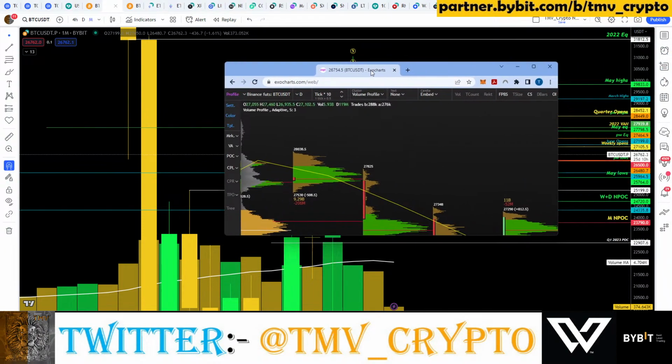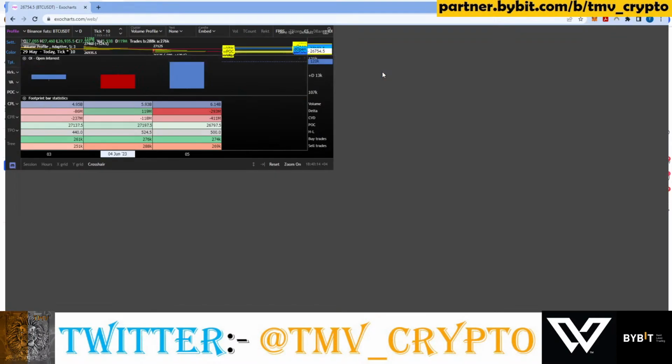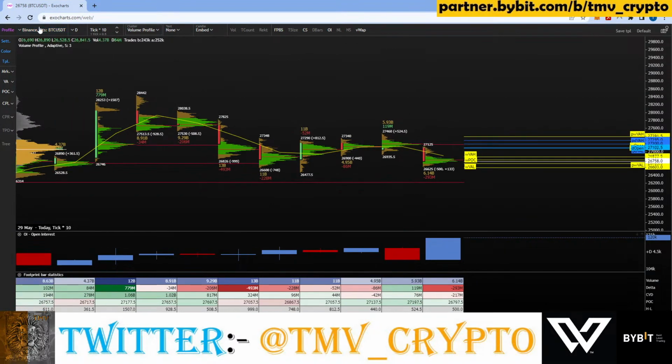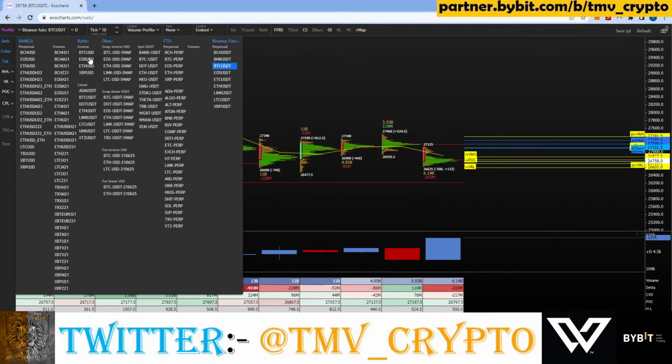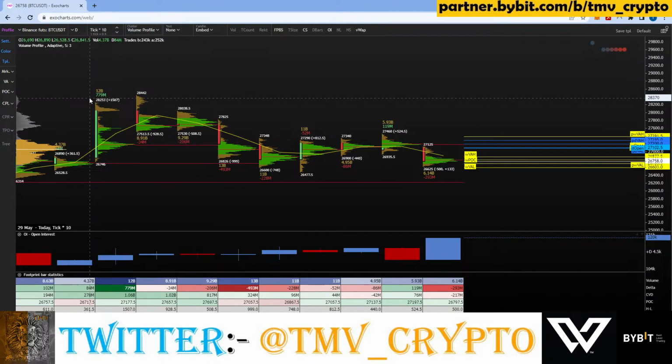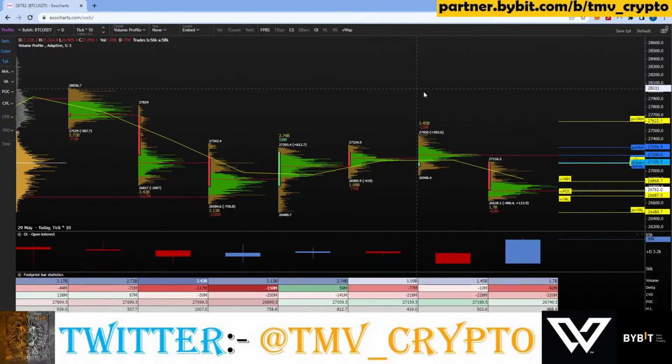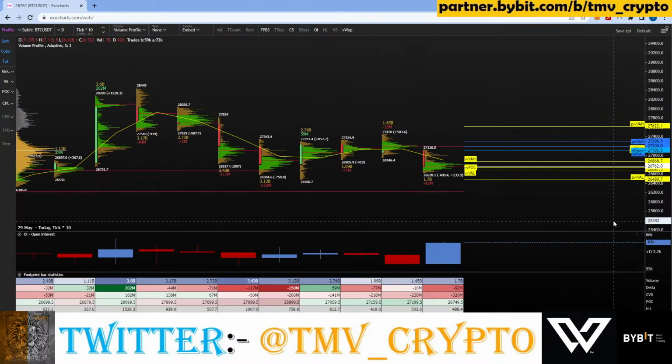If you don't know what exactly I'm doing, this is the Exo chart. Okay, so I'm just going to select here Bitcoin USDT. D tick 10, that's what you need to remember. D tick 10, perfect. So this is the daily chart on Bitcoin.